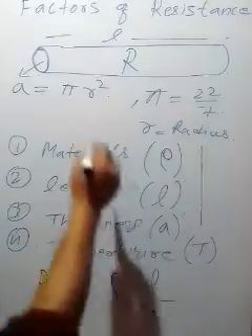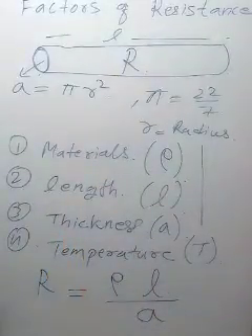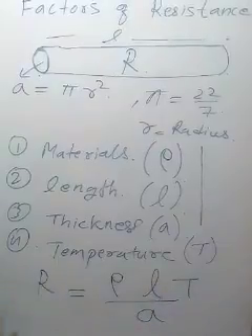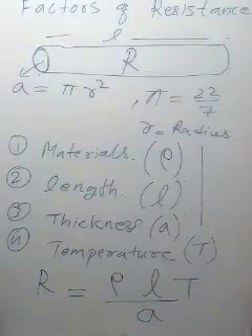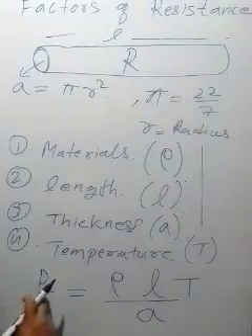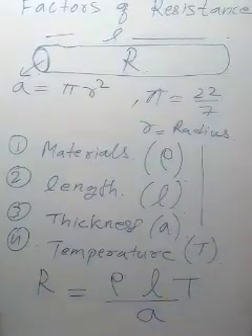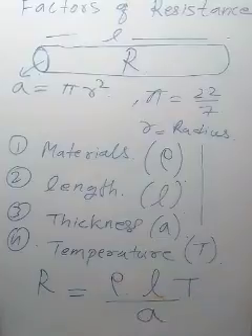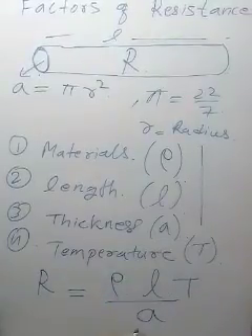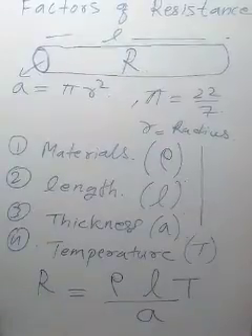If the resistance is ohmic, when you increase the temperature, the resistance also increases, and if you decrease the temperature, the resistance also decreases. So R is directly proportional to T. Numerator means directly proportional, and denominator means inversely proportional.